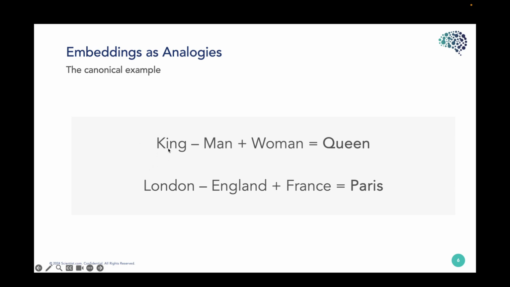You can take the vector for king, subtract out man, and add the vector for woman, and that's going to put you at a point in meaning space that is very close to the vector for queen. You can do the same thing here. London minus England plus France is going to put you at a place in meaning space that is very close to the vector for Paris.